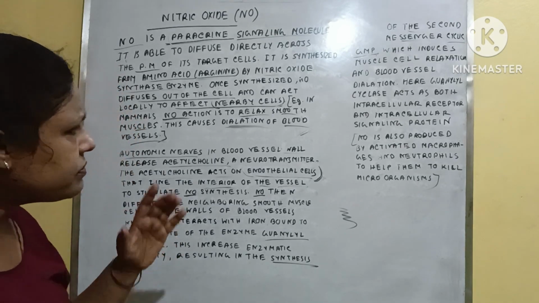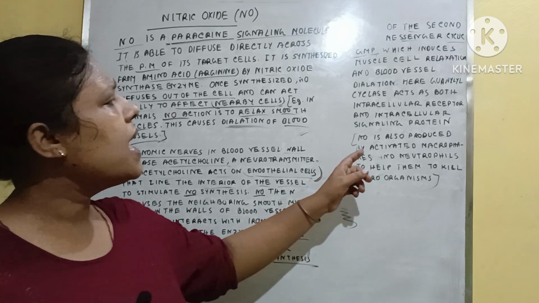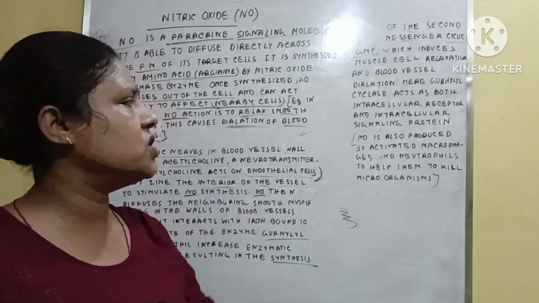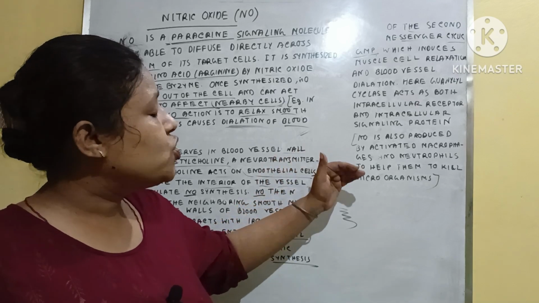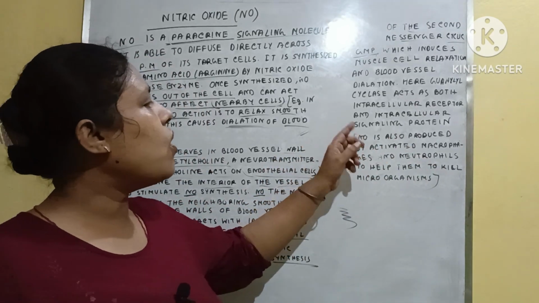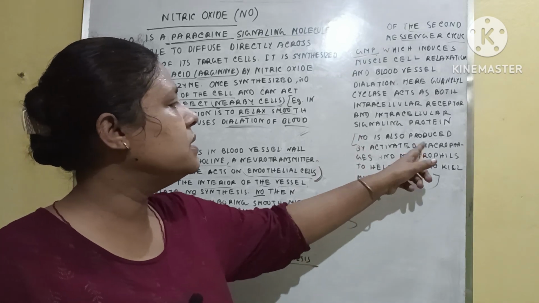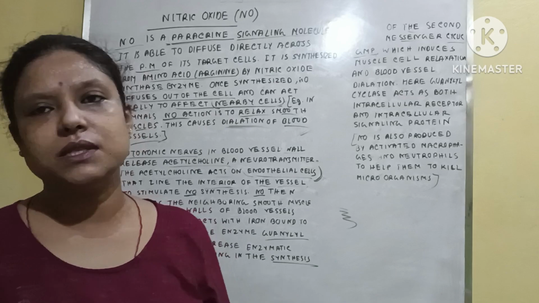And sometimes NO is also produced by the activated macrophages and the neutrophils for killing the microorganisms. So NO also sometimes helps these neutrophils and macrophages to kill the microorganisms.